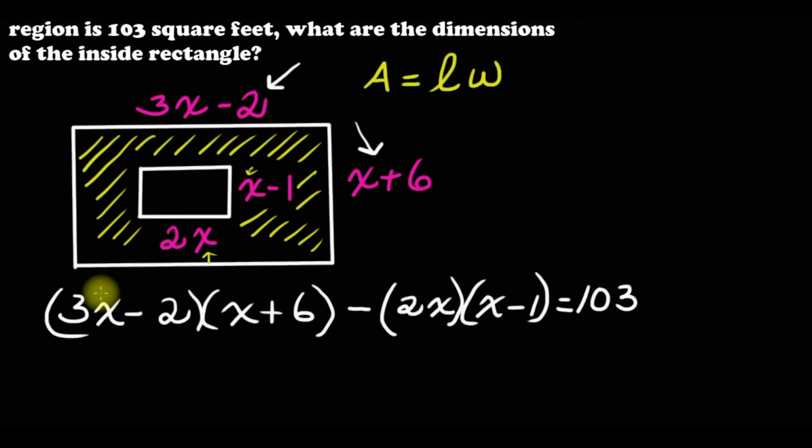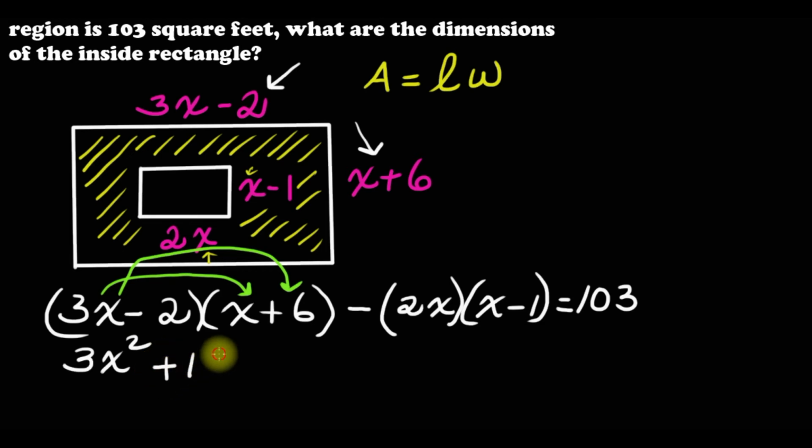Here we need to distribute the 3x. So 3x times x gives us 3x squared, and then 3x times 6 is 18x.